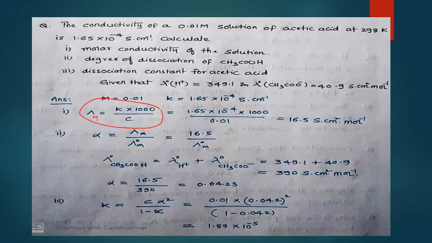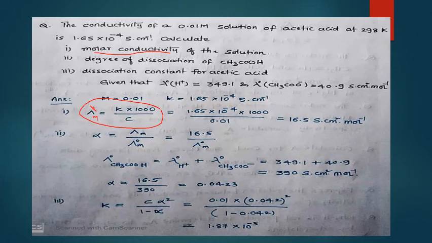If you want to mention it, it's your choice, because the question already mentions molar conductivity, so by default it is molar conductivity. But don't put naught. That is wrong, because naught means zero concentration, meaning infinite dilution. That is different. So this is only molar conductivity.